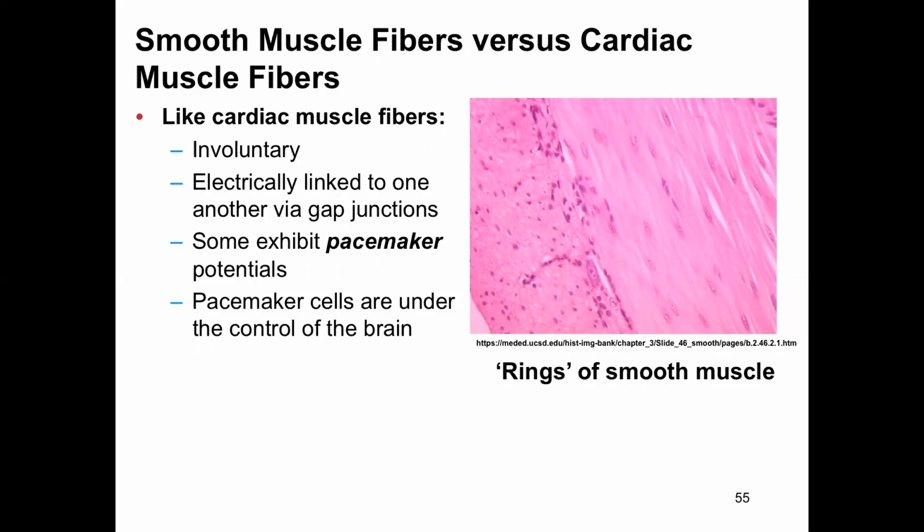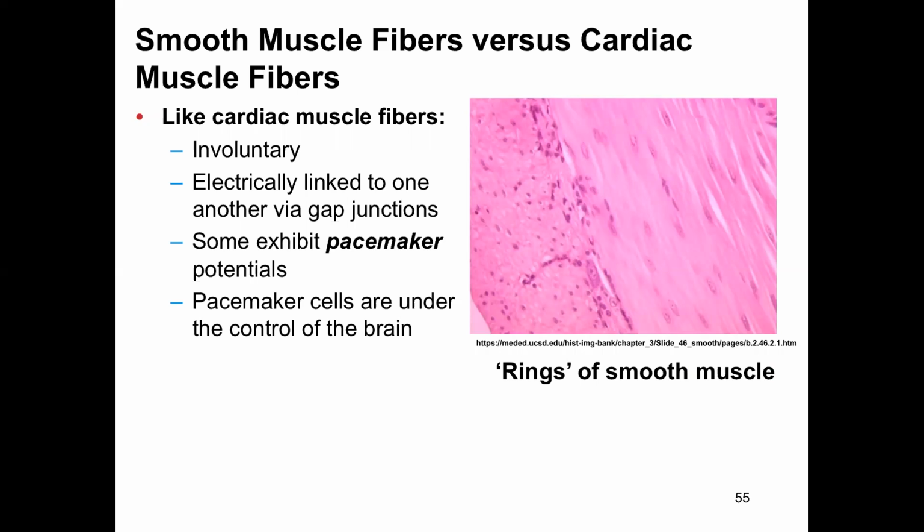The other thing is that typically smooth muscle comes in layers in certain places. So around the respiratory system, the digestive system, and the circulatory system, we've got this ring of smooth muscle. And definitely around the digestive and the respiratory, we've got two layers. And those two layers of smooth muscle are at right angles to each other.